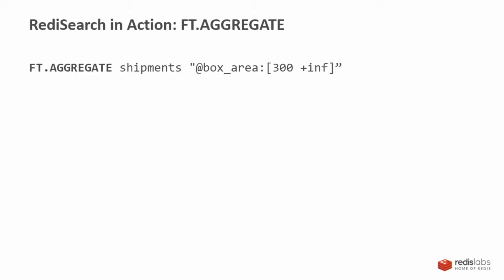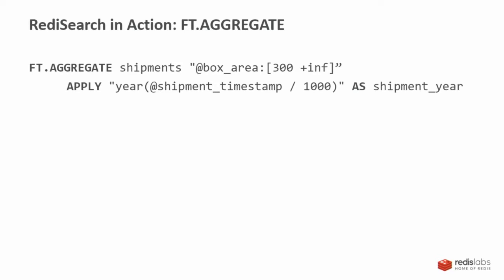If you're familiar, that might look similar to how the sorted set syntax works in Redis. You're right, it's pretty similar. So that's the query part of it, the first line. If we were to change this to FT.SEARCH, it would have the exact same results. It would just return all the documents that contain a box area between 300 and everything above that.